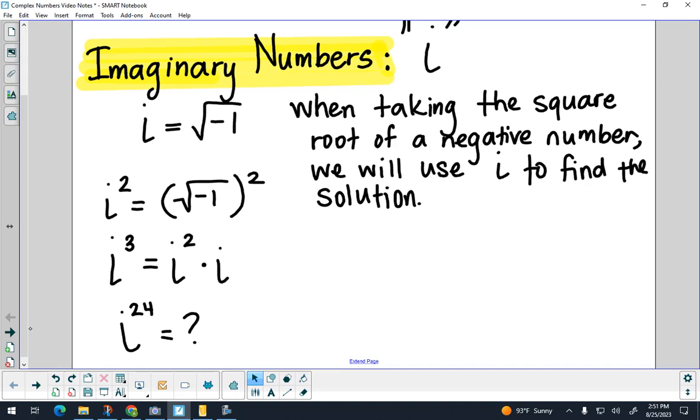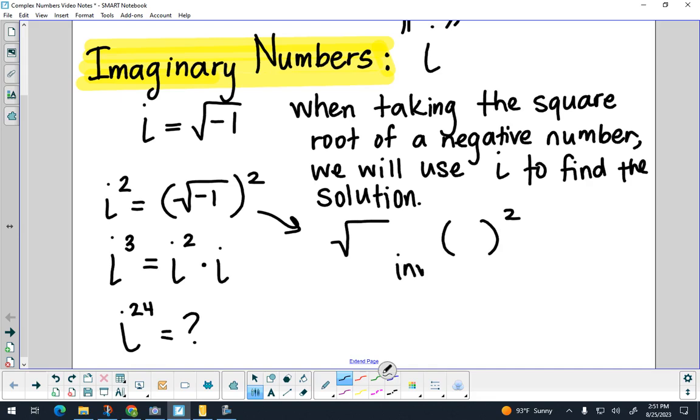Well, then that would mean we would have the square root of -1, squared. And we could have a bit of a conversation real quick about the square root and this squared. These guys are inverse operations, if you will. You know how multiplication and division are inverse operations, addition and subtraction are inverse operations. Well, the square root and the square are inverse operations.